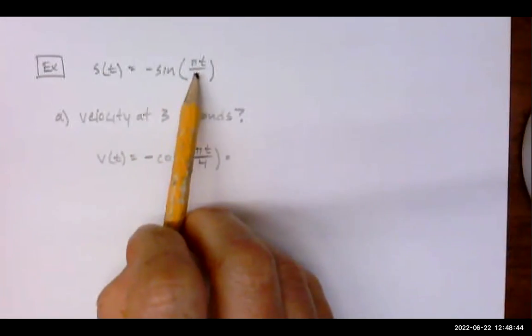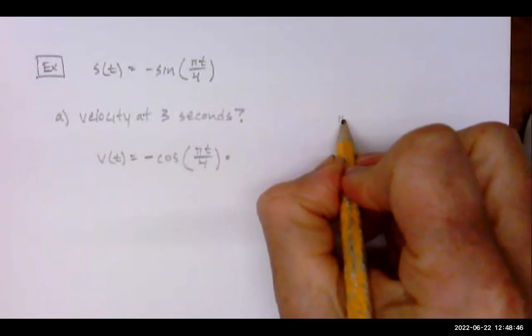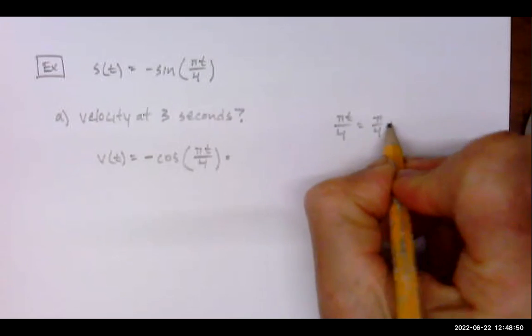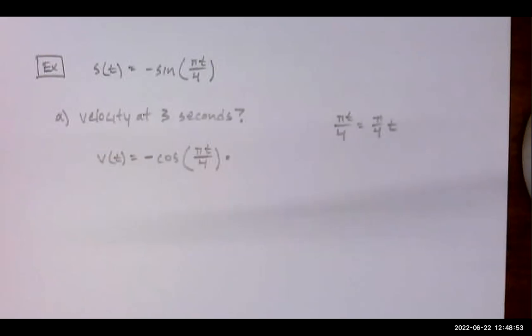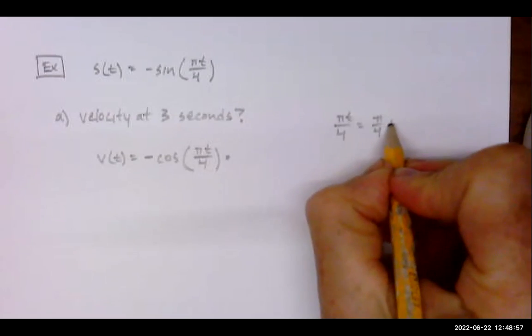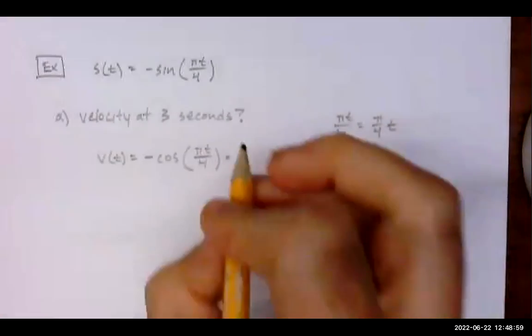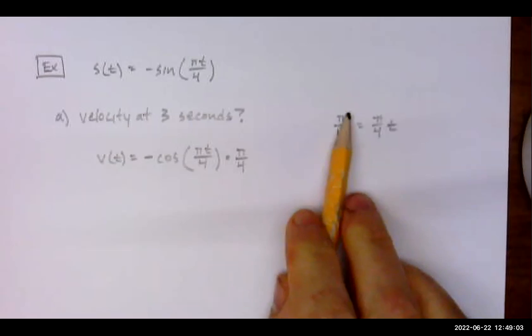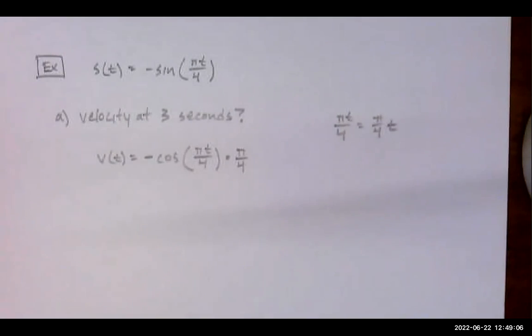Here's how you can think of things like this. Think of pi t over 4 as pi over 4 times t. So we've got a constant times just our variable t. Looking at it this way, the derivative is simply pi over 4. You could approach it like this and do a quotient rule if you really wanted to.